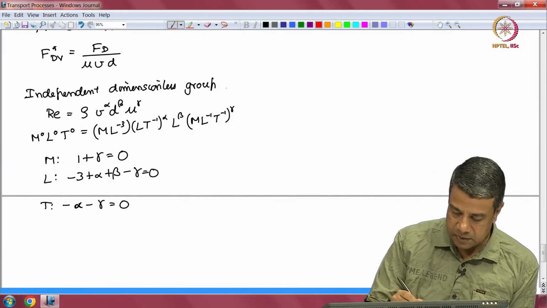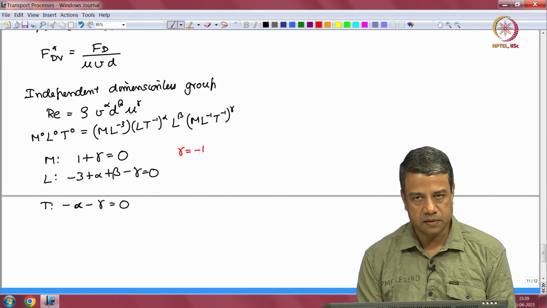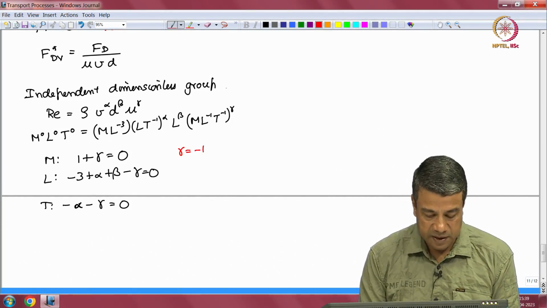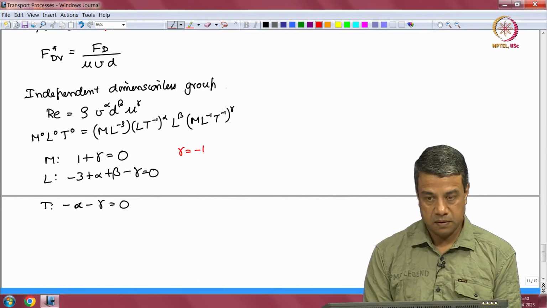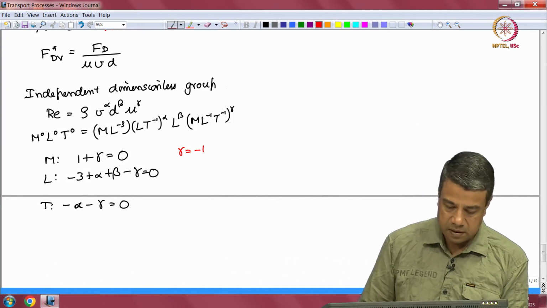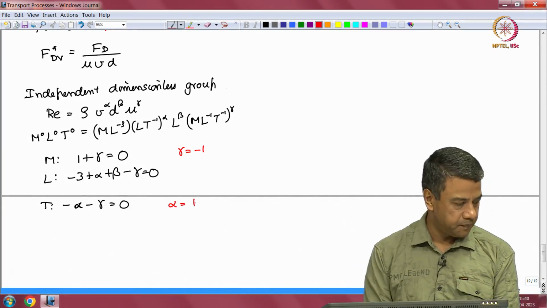From this relation, I will get gamma is equal to minus 1, because 1 plus gamma is equal to 0. Minus alpha minus gamma equal to 0, so minus alpha plus 1 is equal to 0, which gives me that alpha is equal to plus 1.